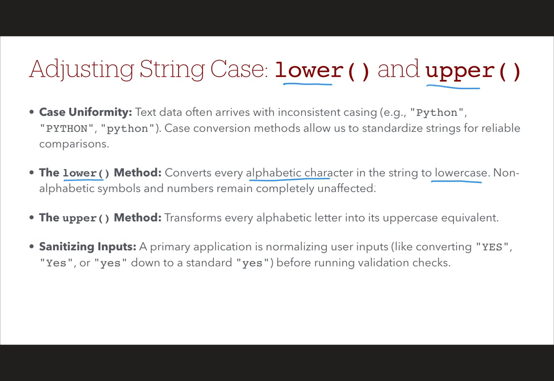In case of digits or special characters, they are not changed. They are not altered. But if you have any alphabets in upper cases, they will be converted to alphabets in lower cases. In case of upper function, it will change every alphabet into uppercase, and it does not consider other characters like digits or special characters. They are not handled. Okay.